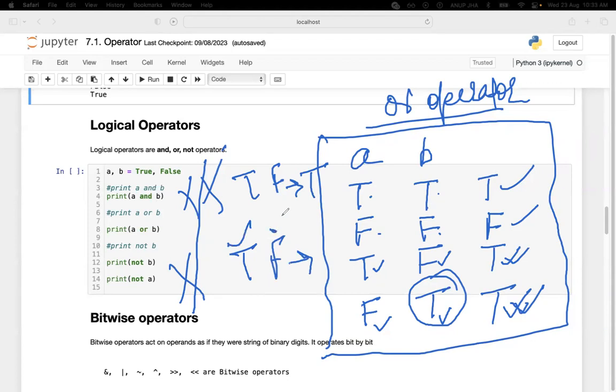If A is true, B is false, and I apply the AND operator here, what value will I get, true or false? I will get false, because the AND operator says if any one of the values is false, I will give you false. Okay, I understand.